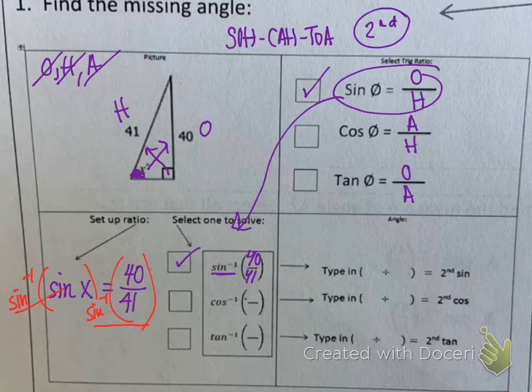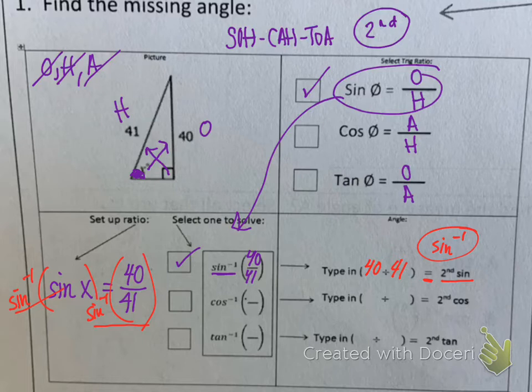So how do you ask the calculator, what is the reference angle when the opposite is a 40 and the hypotenuse is 41? All you're going to do is the following. You're going to type in 40 divided by 41, hit equals, and then you're going to press second sine. So on your calculator, hit the second button, and then hit sine, which if you're using an iPhone, as soon as you hit the second button, it turns the sine symbol into a sine inverse.